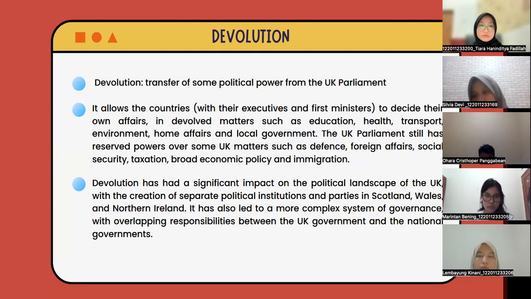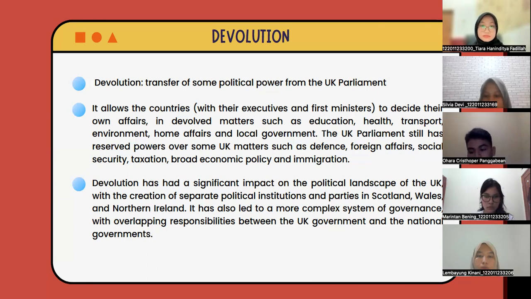So under this devolution, the national governments of Scotland, Wales, and Northern Ireland have been given varying degrees of control over certain policy areas such as healthcare, education, and transportation. However, some areas remain the responsibility of the UK government.